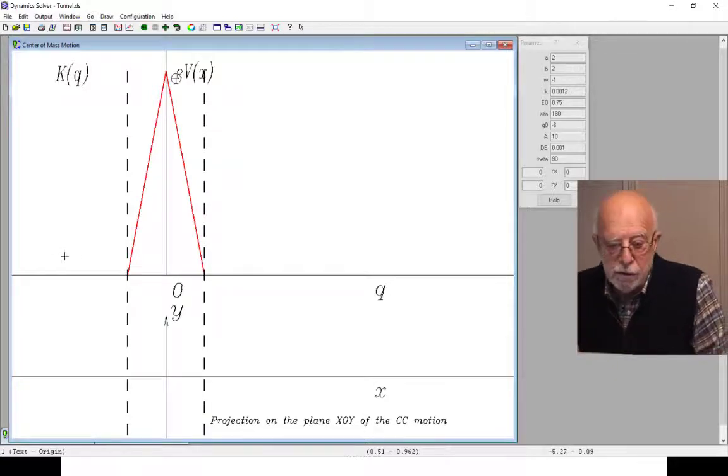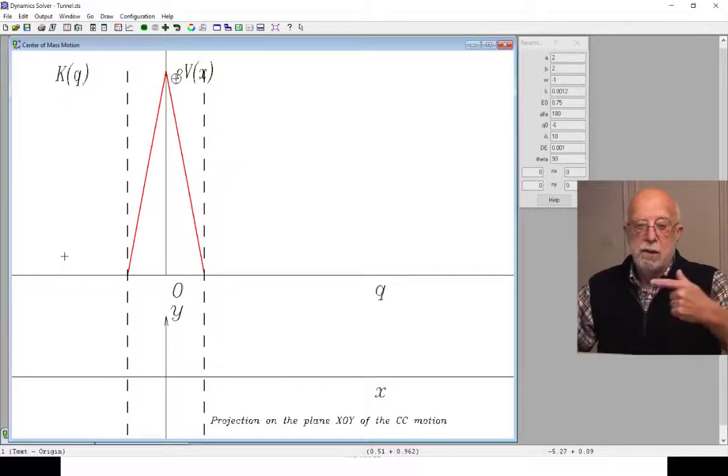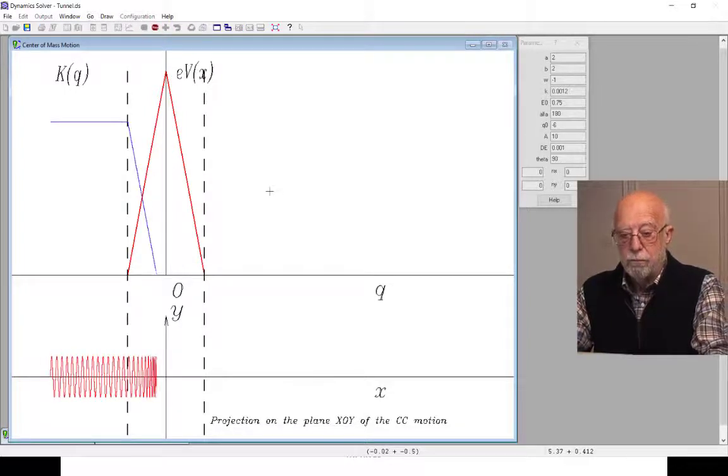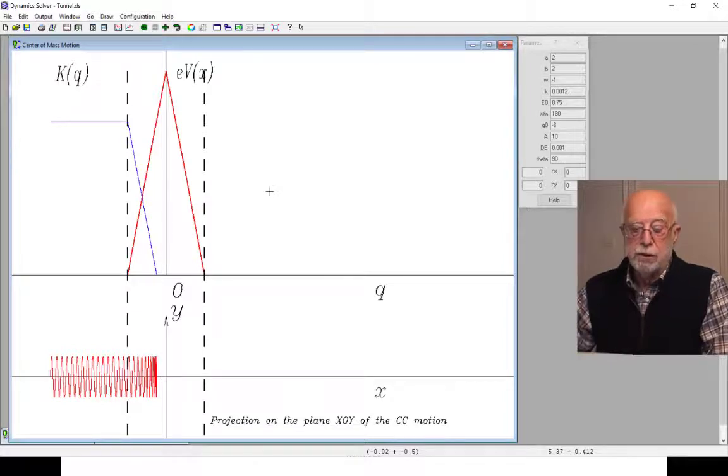The first integration is performed with the spin forming 90 degrees with the z-axis, so it is pointing the spin along the x-axis, and see what happens. I have stopped the integration just now. Oh, okay. So when the particle penetrates into this barrier, the kinetic energy decreases up to 0. Here the electron stops.